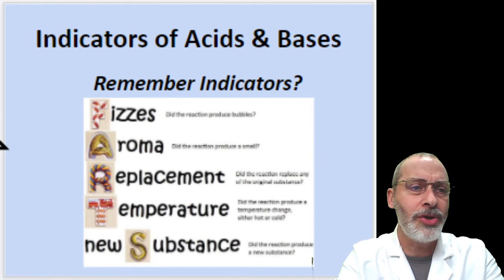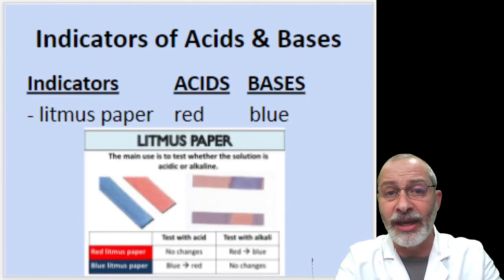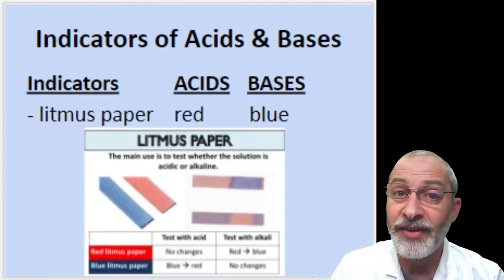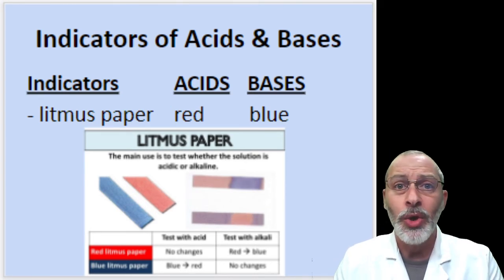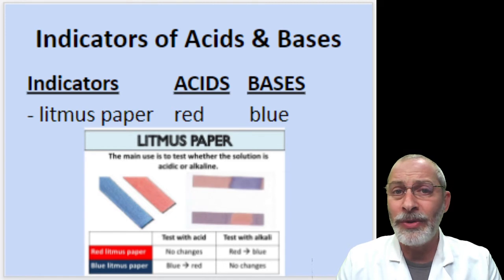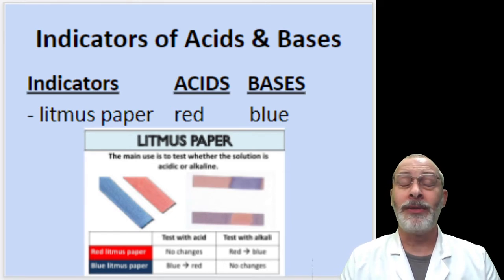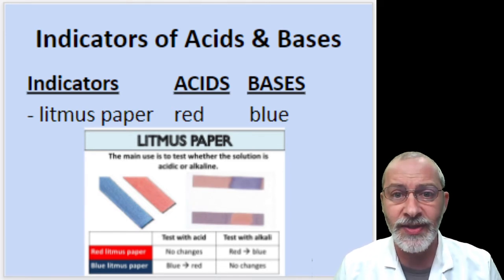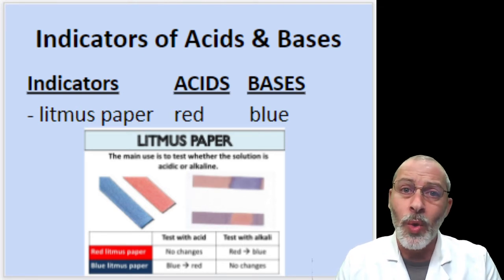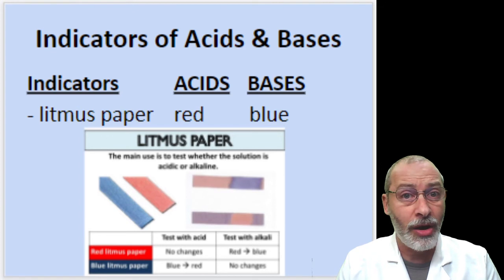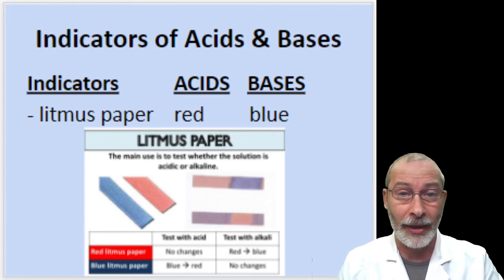All right, so what are some specific indicators of the presence of an acid or a base? Well, over the next 2 days, we are going to be experimenting with acids, bases, and indicators. And we're going to be determining whether solutions are acidic or basic.